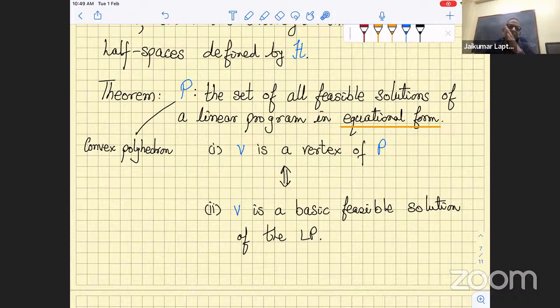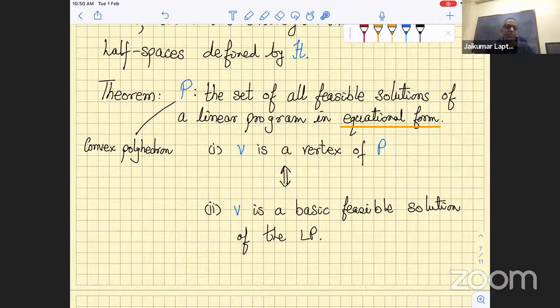Now for the other direction: the algebraic definition gave us a basic feasible solution. You looked at the linear program in equational form, and you found a particular basis B, and there was a basic feasible solution corresponding to that B. Now, why should that particular point actually be a vertex of the corresponding polyhedron?